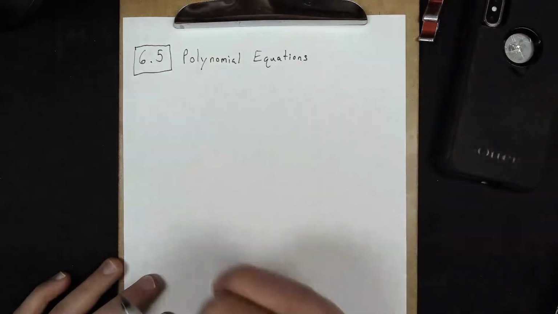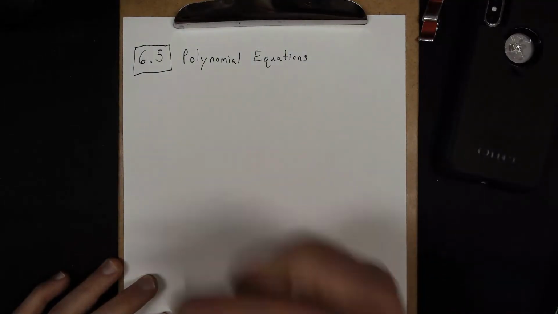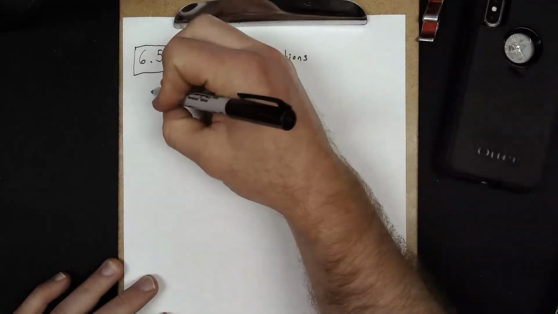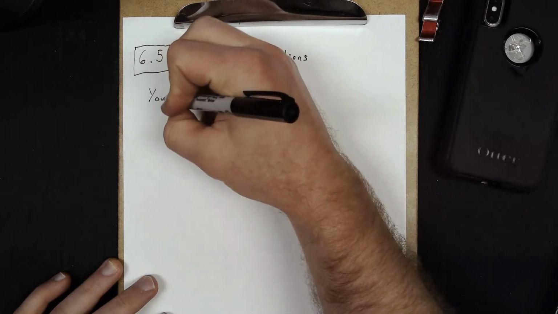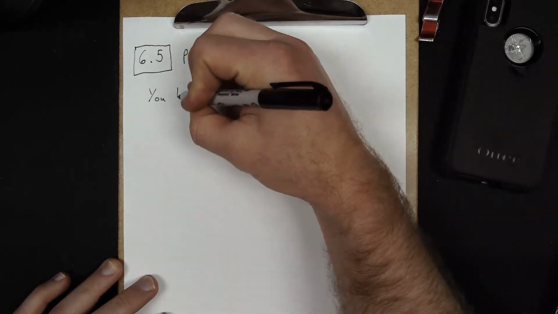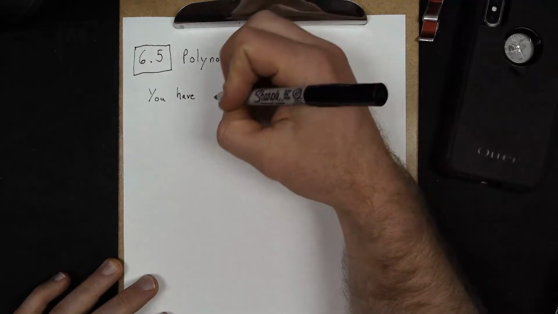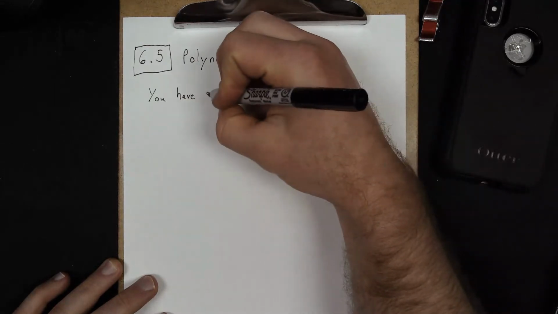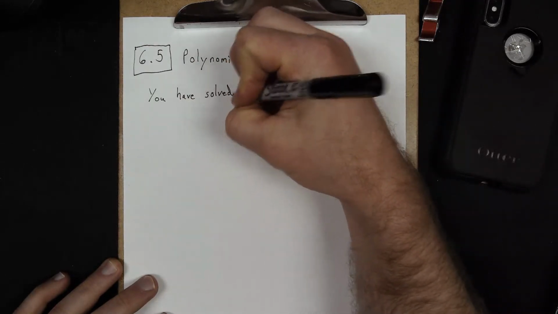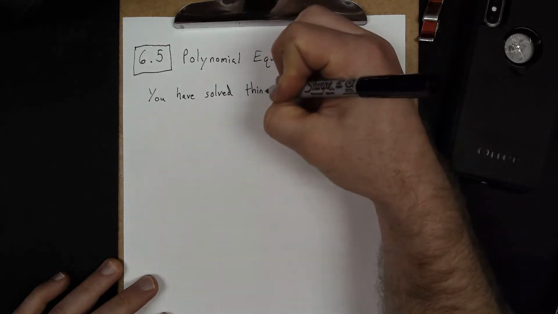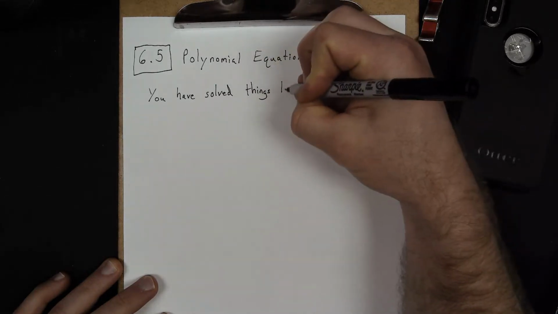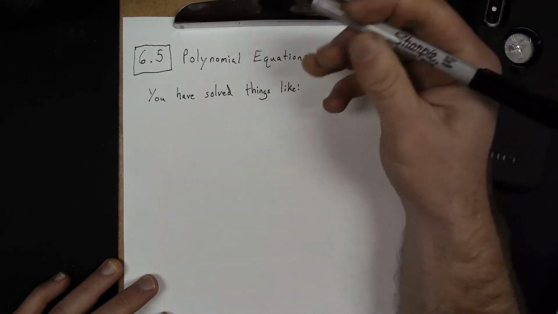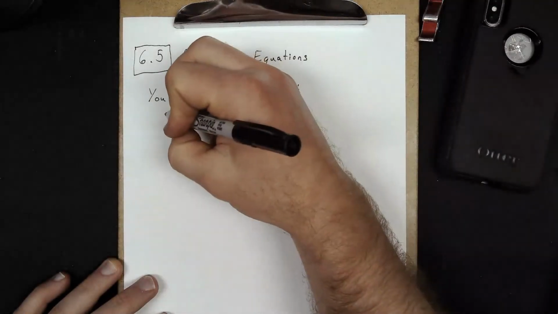Okay, so start out by going over what we have solved for. You have done this in the past. You've solved things like this.